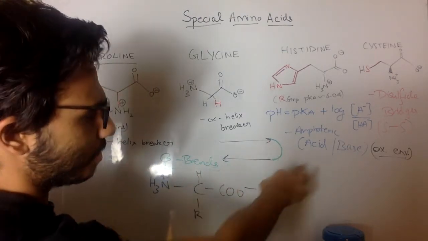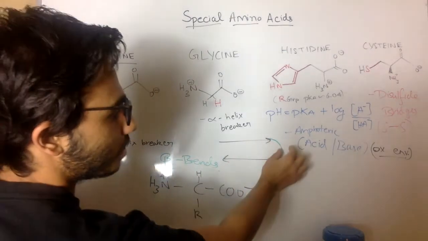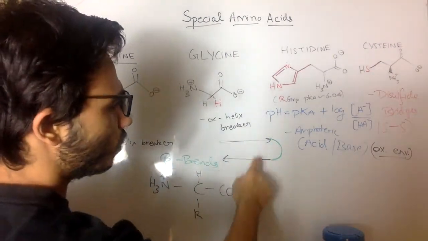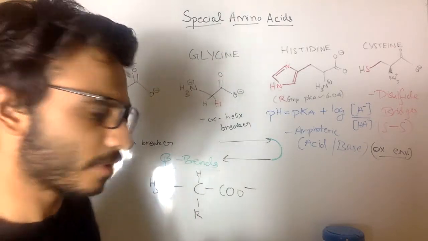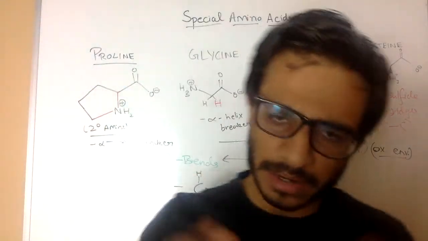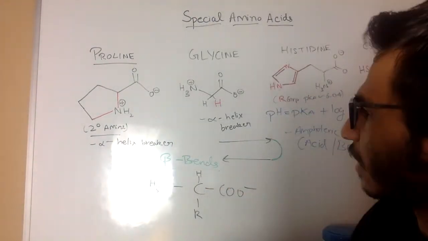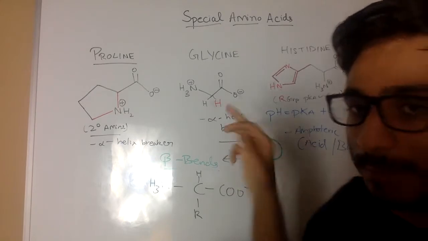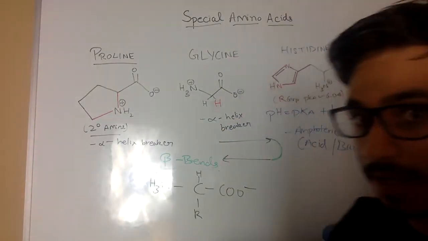This beta bend is a short chain of amino acids that connects anti-parallel or parallel beta strands. We'll talk about beta strands and alpha helices later in the protein video series, but for now, just remember that proline is found in bends. It's not found in alpha helices.